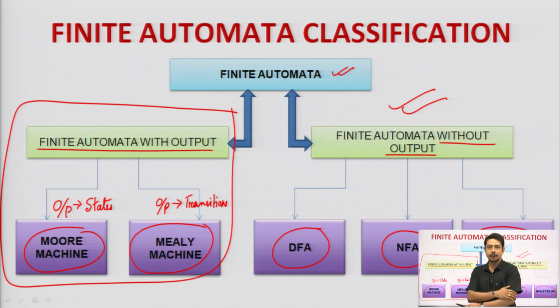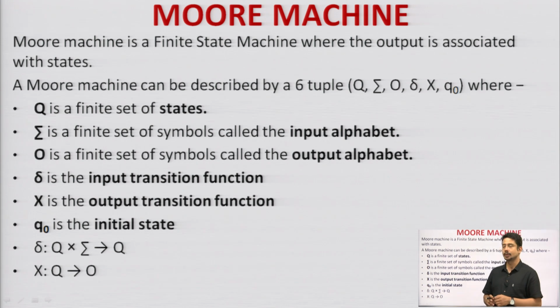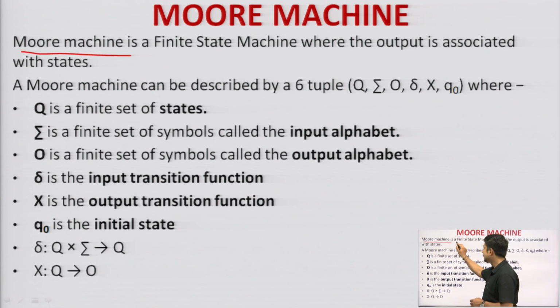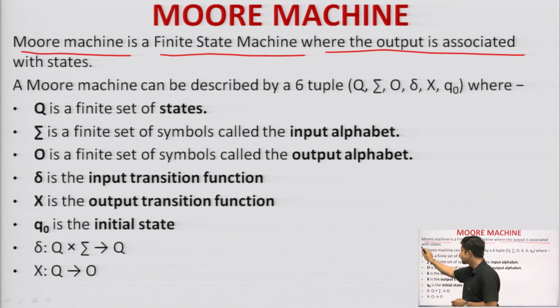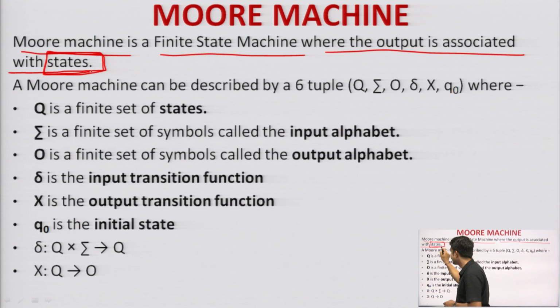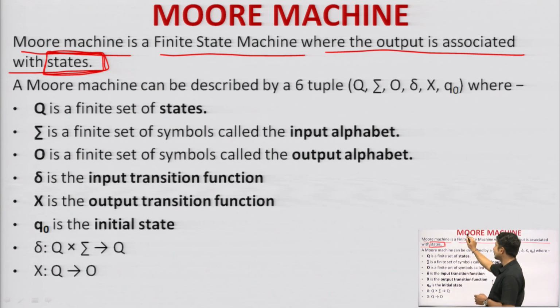This is a way of remembering how these machines work in order to understand the difference. So, first of all, the Moore machine is a finite state machine where the output is associated with states. This is a very important point to remember: Moore states, Mealy input transitions.